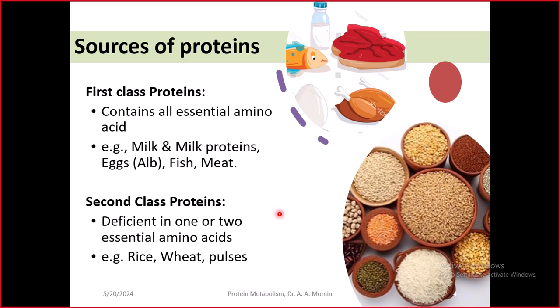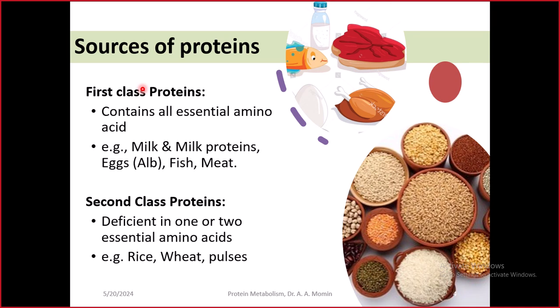Essential ones need to be taken through diet daily, because they are not synthesized in the body. So if all the essential amino acids are present in the protein, they are called first class proteins. Examples are milk and milk products, eggs, the albumin of the egg, which has all essential amino acids, also fish and meat. So mainly the dairy and non-vegetarian products are the sources of first class proteins.